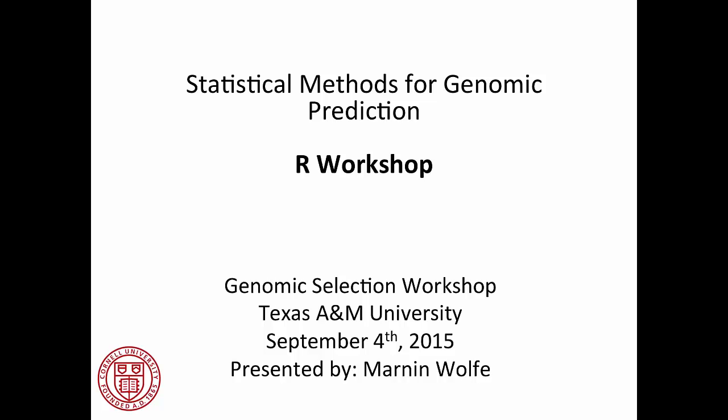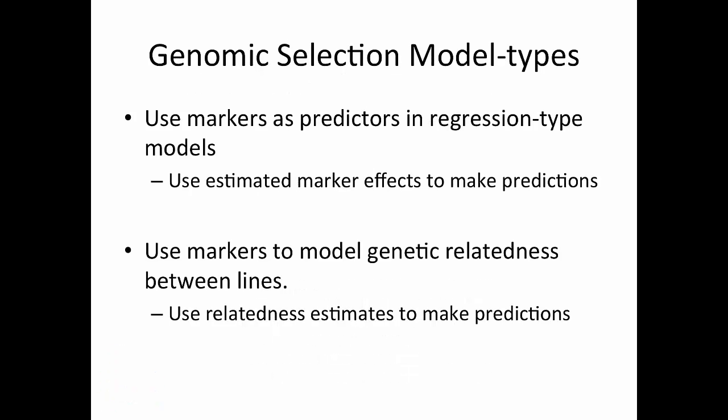Okay, so I'm just going to talk for maybe 15 minutes to go over some of the models that we're going to talk about. There are two classes of models that encompass how we make genomic predictions using markers. The first one is using markers as predictors in a regression type approach.